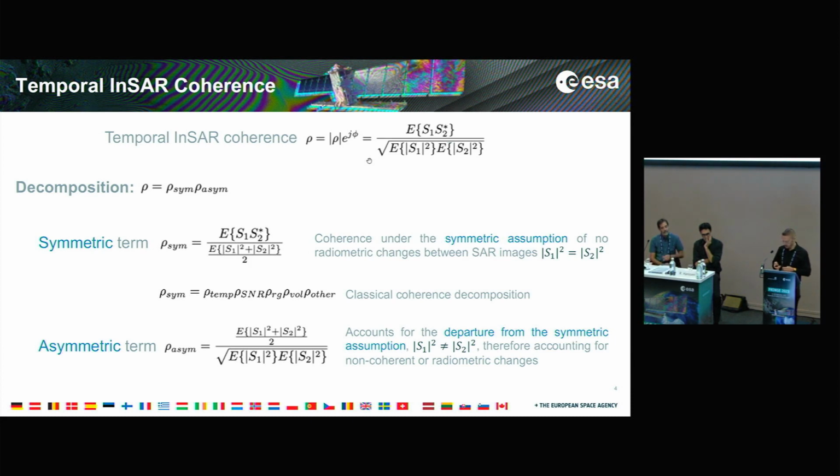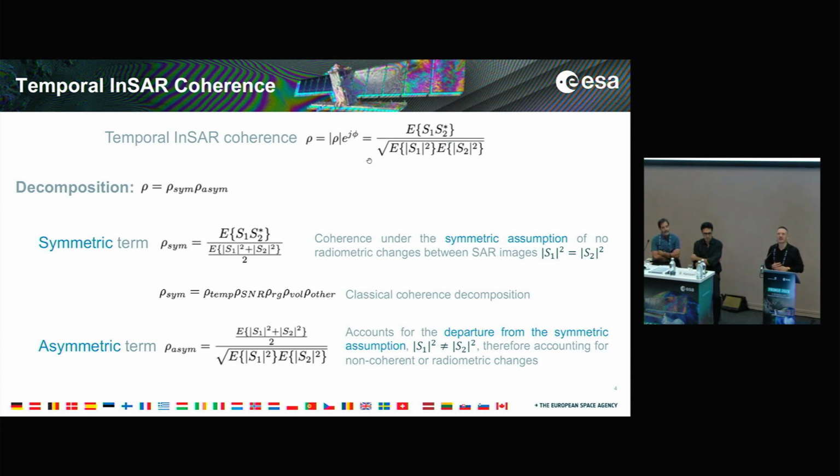It is very easy to decompose this coherence into two terms. We call one a symmetric term, which is in essence the classical coherence under the assumption of no radiometric changes. So in the case of interferometry or single-dimensional data, there are no changes in the intensity. This plays the role of the classical coherence.